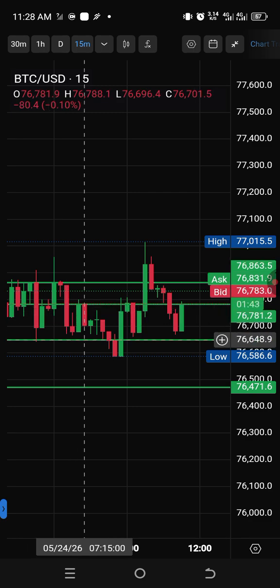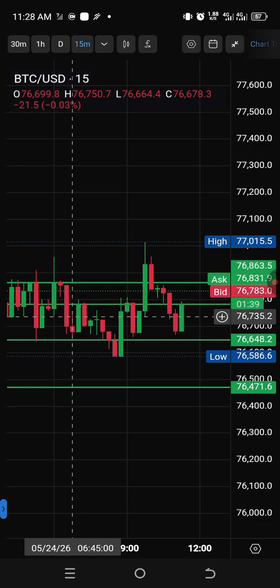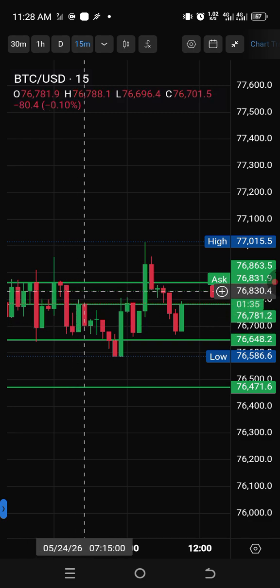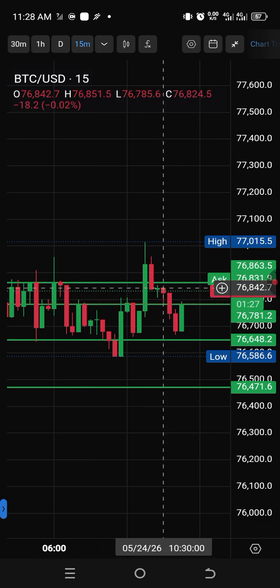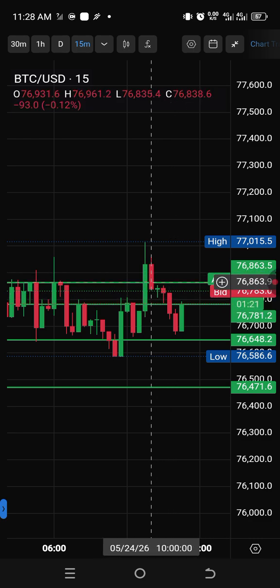Here we have a spinning top. The one I'm circling here is a spinning top. The market was selling, then it formed a spinning top. Then there was a buy. So this is why you should study candlestick structures. Here again, there's a doji, the one I'm circling, right? And the hammer at the same time.